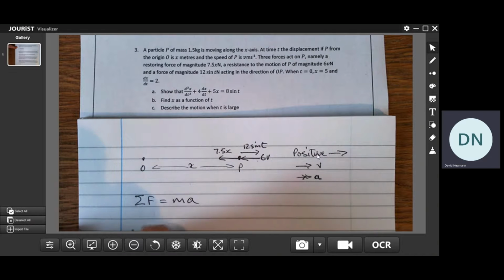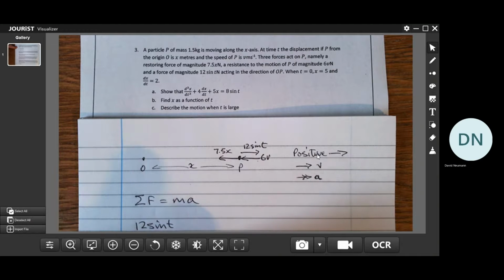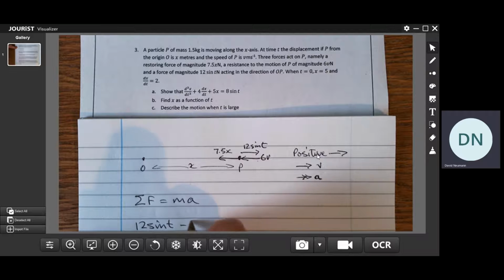Okay, so 12 sin t minus 7.5x minus 6v is equal to, what was the mass? The mass was 1.5a.